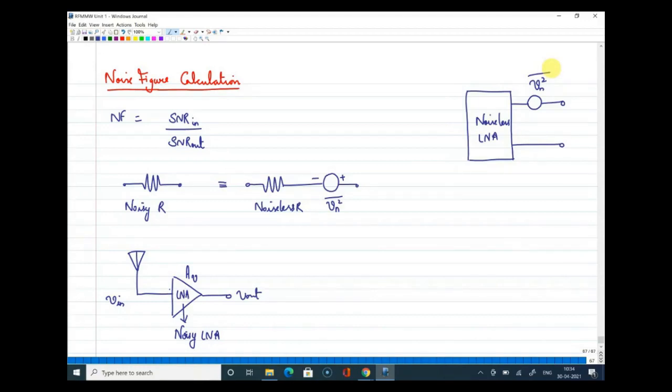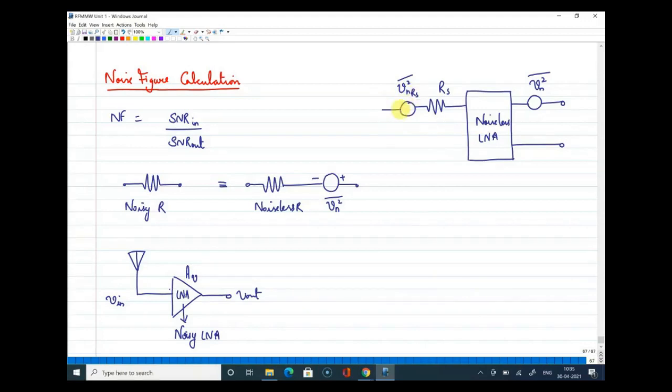Similarly, for this antenna, the antenna will definitely have some resistance. That resistance I am considering as source resistance Rs, and the noise of that resistance is considered as Vn square bar of Rs.